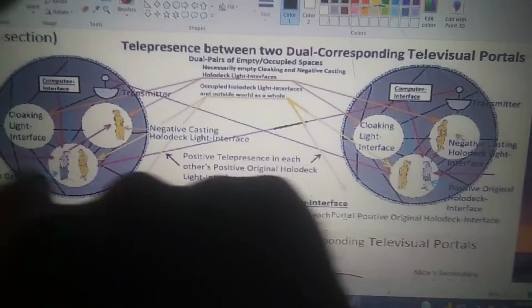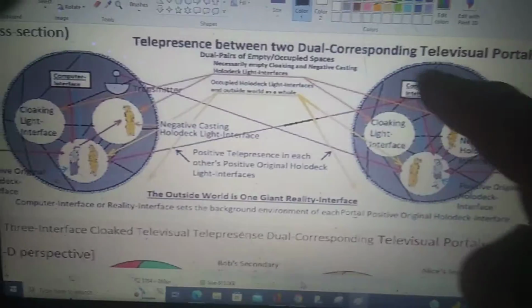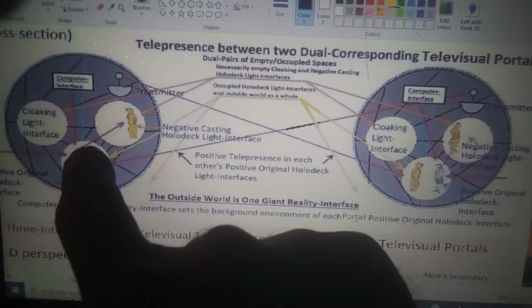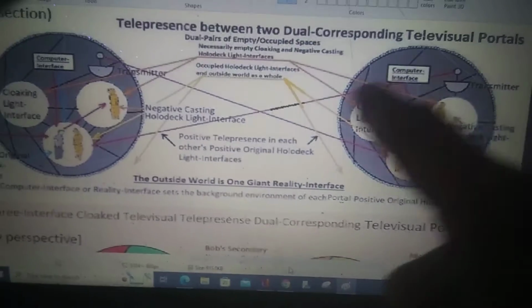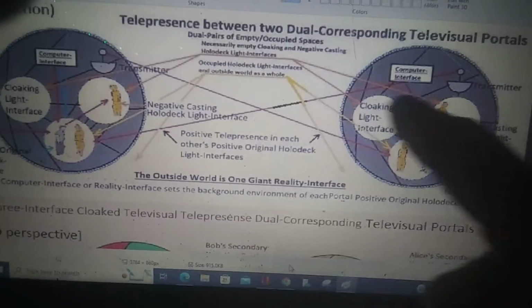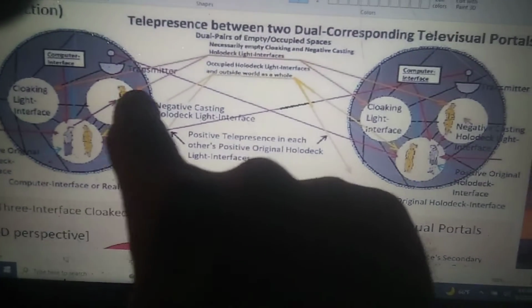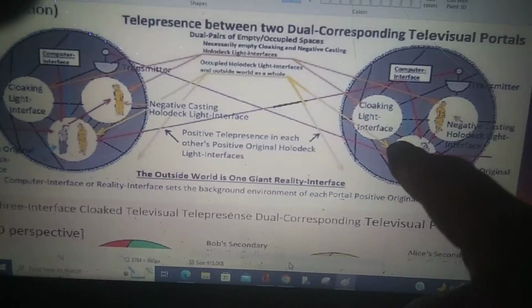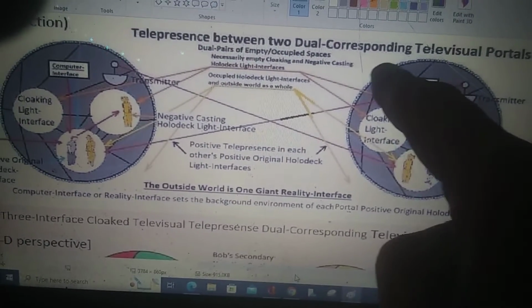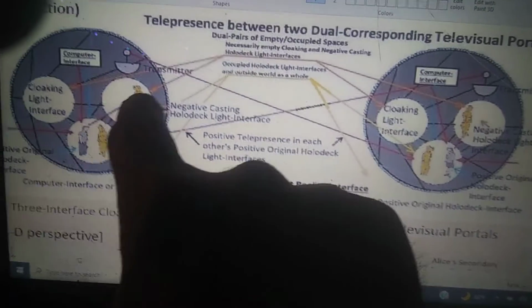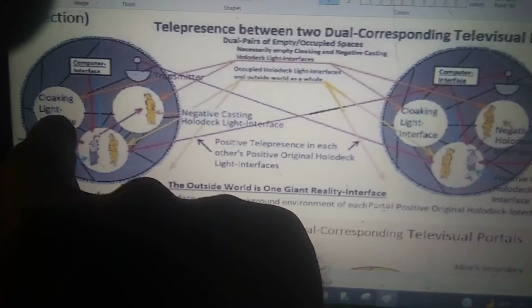There's nothing that moves in a portal, but the thing that does move is the optical information itself, the light information oscillating through this and back up and back down. And this is a cloaking light interface of both portals.